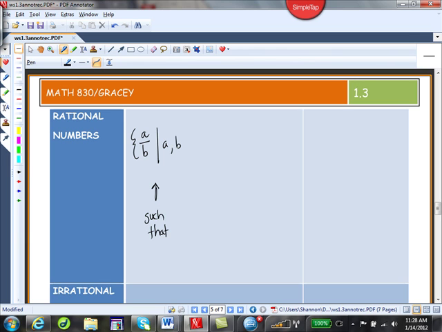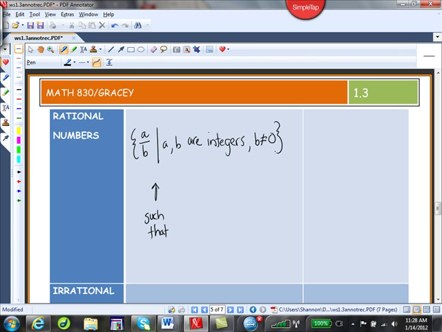A and b are elements of, we'll just write it in words, integers. And b is not equal to 0.